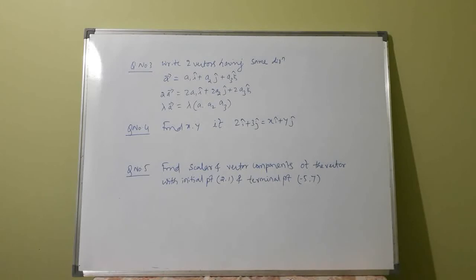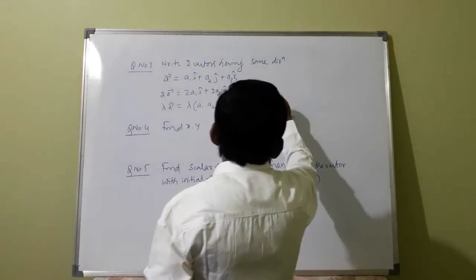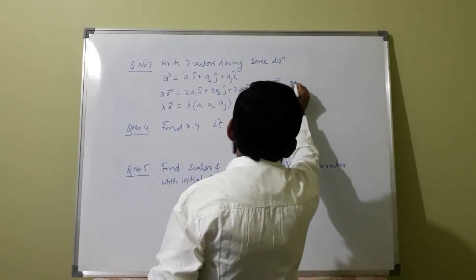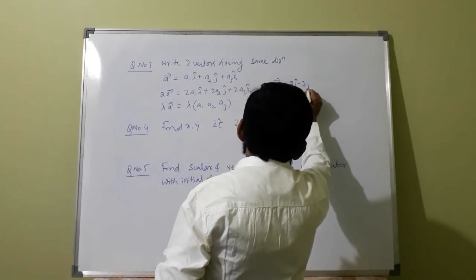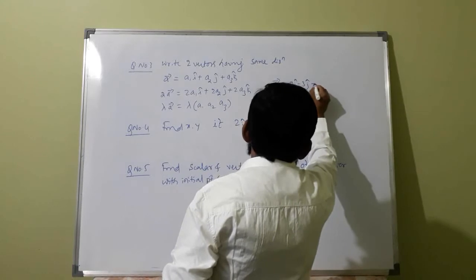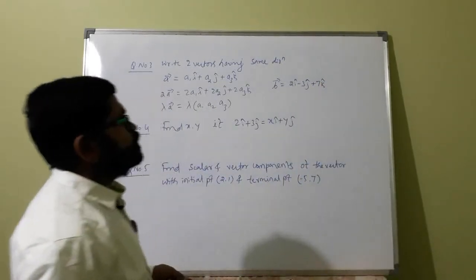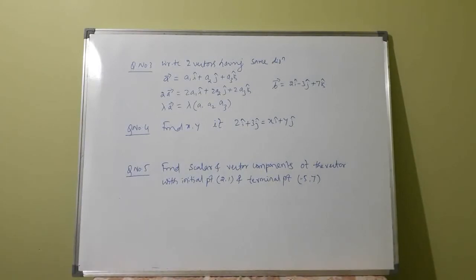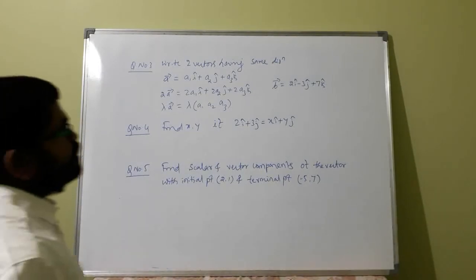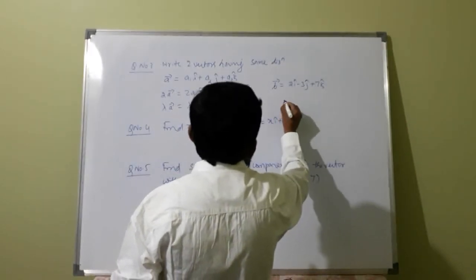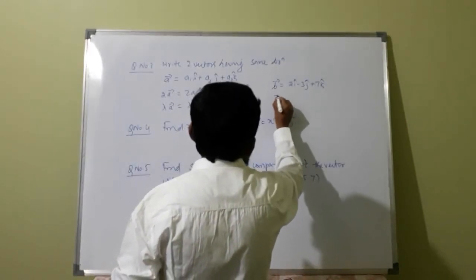Okay, so you can write any. Suppose you want to write some other vector, say b is equal to 2i minus 3j plus 7k. If you want to write a vector in the same direction, suppose this is another vector, let us call it c.